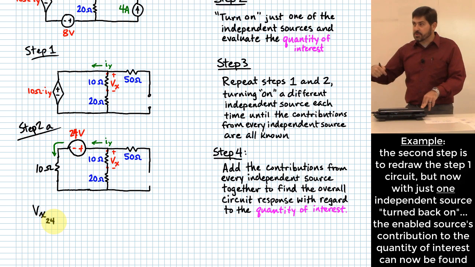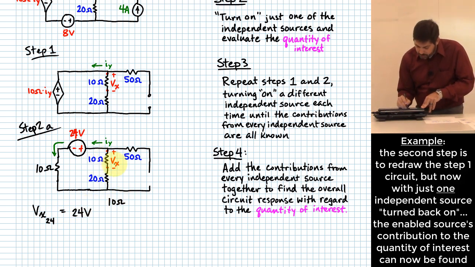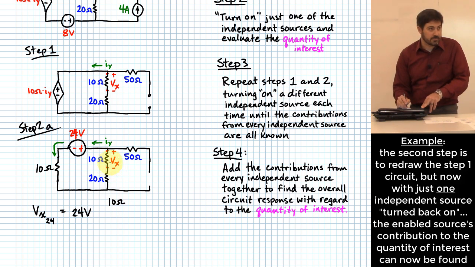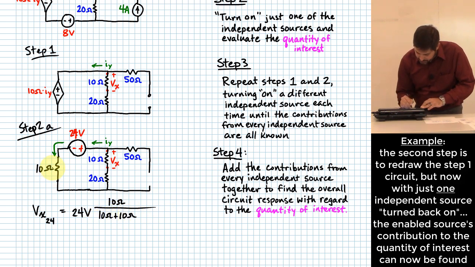This is the contribution of the 24 volt source to the overall Vx that I will have for this system, right? And it's just going to be equal to 24 volts times what? 10 ohms, being the resistor across which that Vx is seen, over the sum of 10 ohms plus 10 ohms for the other resistor over there on the left side plus 20 ohms.